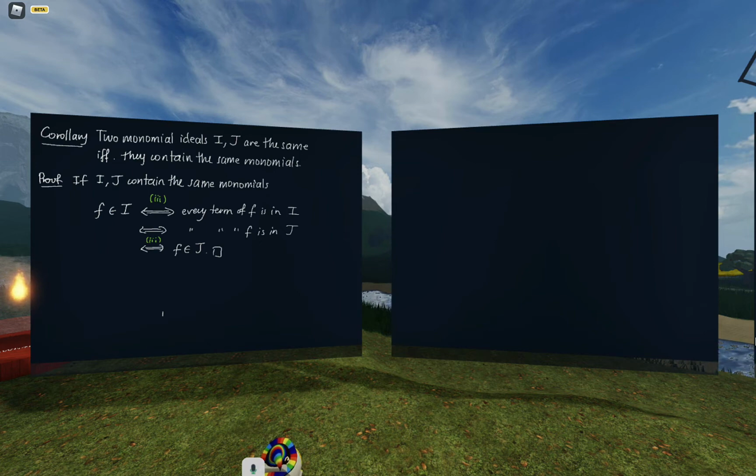Okay, so this means we can present monomial ideals and think about them via the set of tuples that index the monomials they contain.